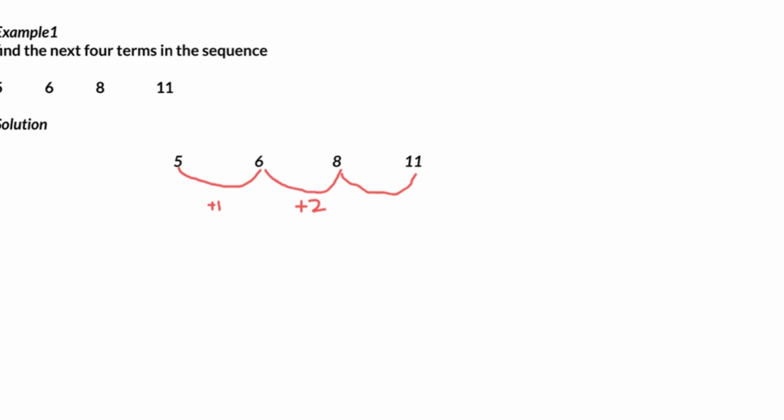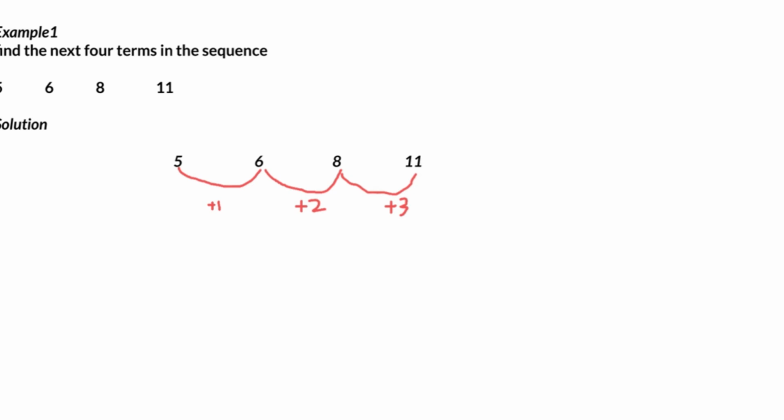As you can see, there's a pattern there now. The difference is increasing by 1. So that's the difference between 5 and 6 is 1. The difference between 6 and 8 is plus 2. And the difference between 8 and 11 is 3.